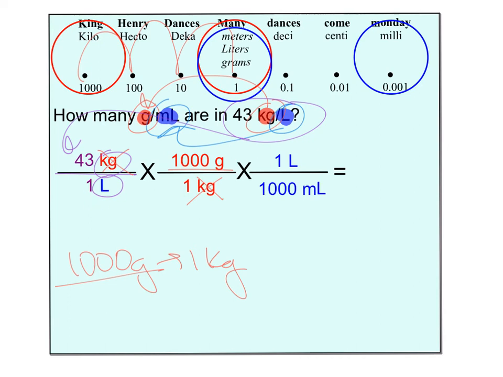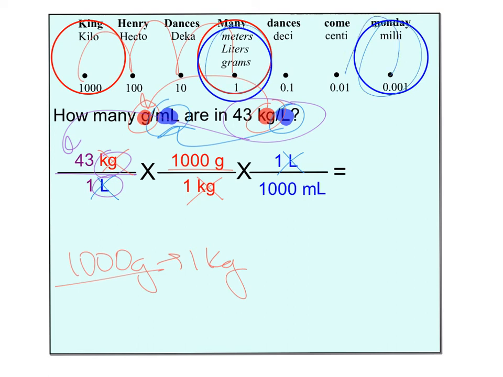We have liters on the bottom, and I would like to convert liters to milliliters. But we kind of do it opposite. Since we have liters on the bottom and we want to get rid of it, I put liters on the top, because that way the liters will cancel out. I wanted to go from liters to milliliters, so I've got milliliters and liters.